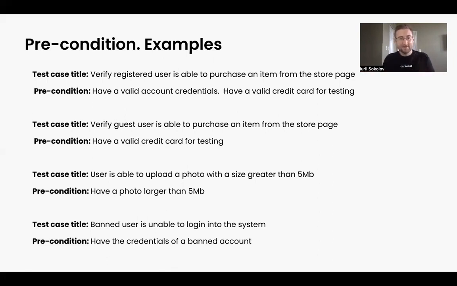Precondition should be have a photo, because preconditions are written for QA engineers. It's for us. It's for our own convenience. So precondition is going to be have a photo larger than 5 megabytes. Straightforward, understood, makes sense. You will definitely need it for this test.